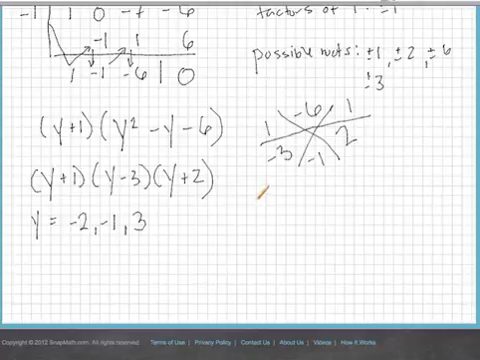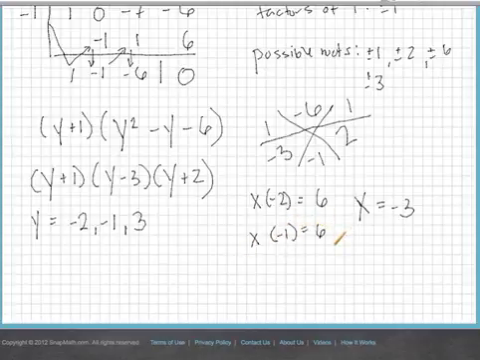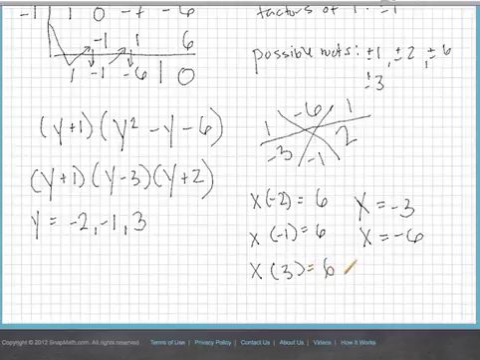So we have x times negative 2 equals 6, which means x in this case would be 6 divided by negative 2, or negative 3. x times negative 1 equals 6. Let's divide both sides by negative 1 to get x equals negative 6. And x times 3 equals 6. Divide both sides by 3 to get x equals 2.